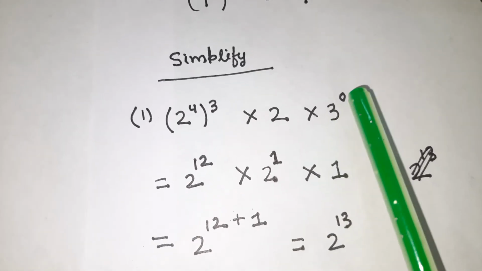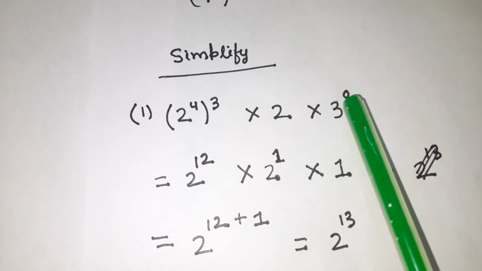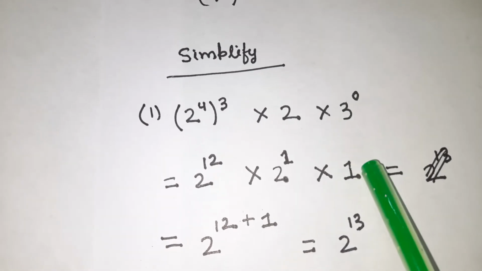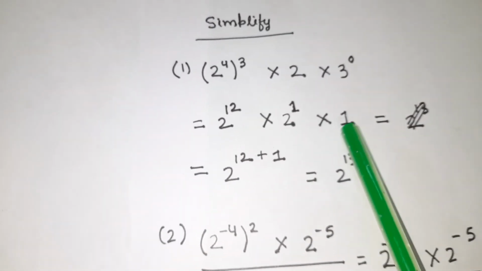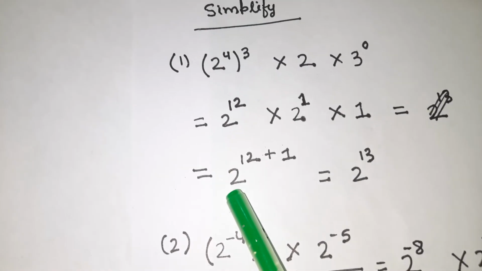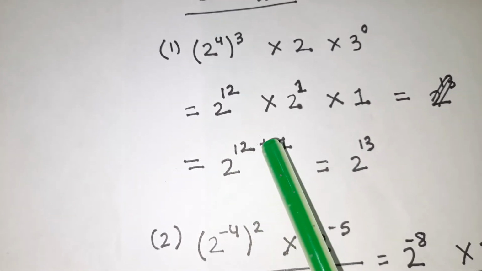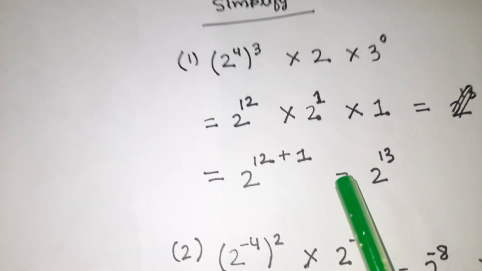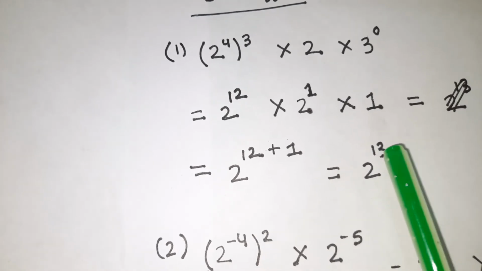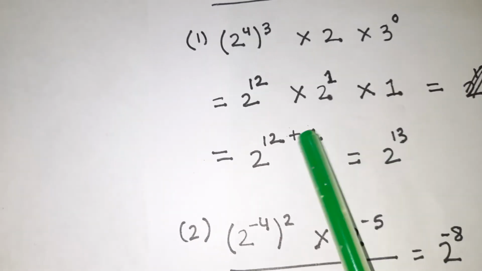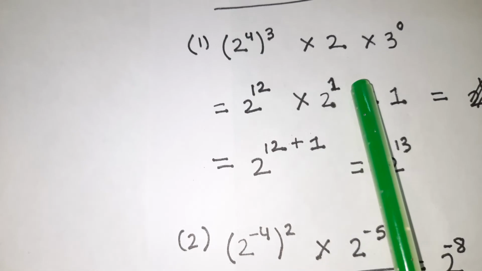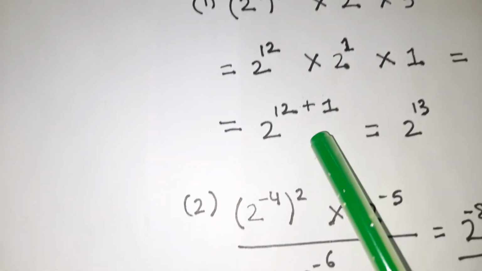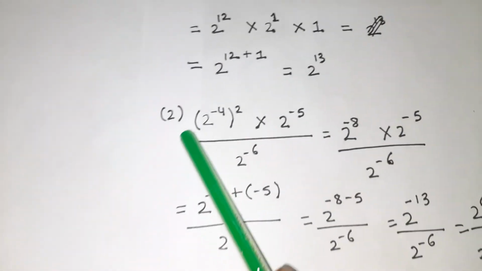And 3 raised to the power 0, anything raised to 0 is equal to 1. So it will become 1. So 2 raised to the power 12 plus 1 means 2 raised to the power 13 it will become. Powers are added.